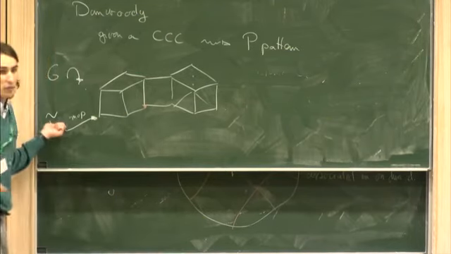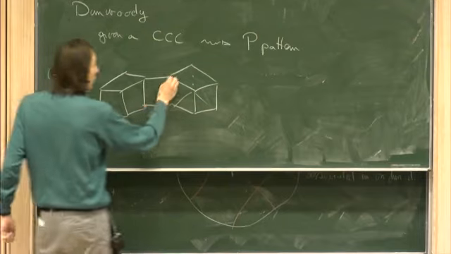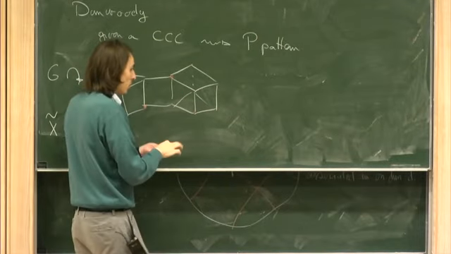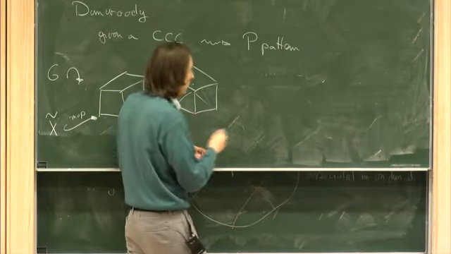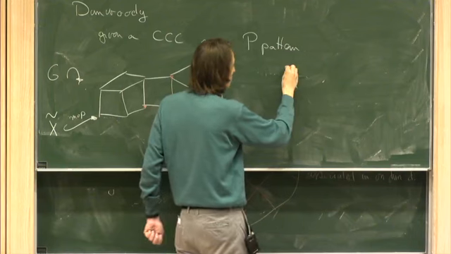For each orbit of vertices, we fix an image.